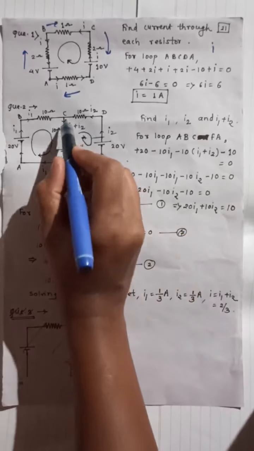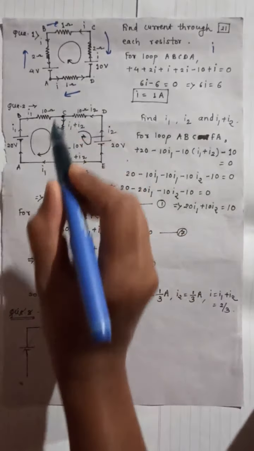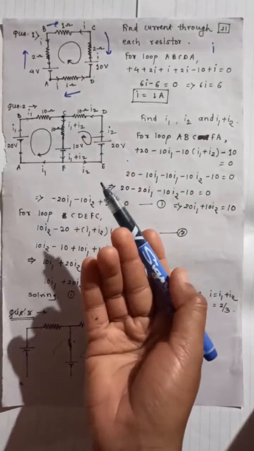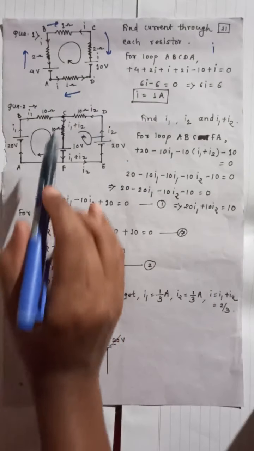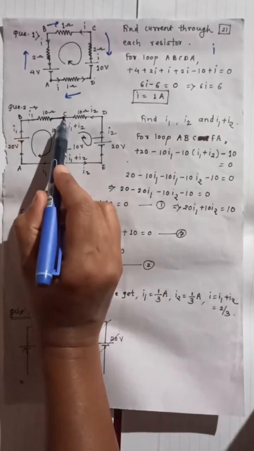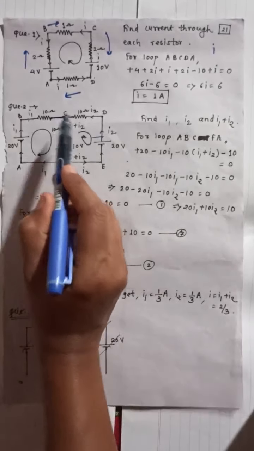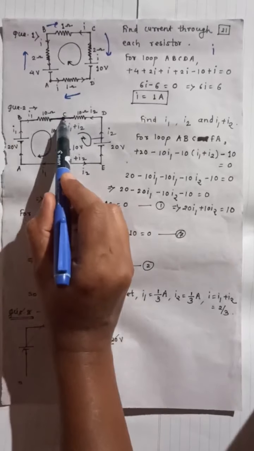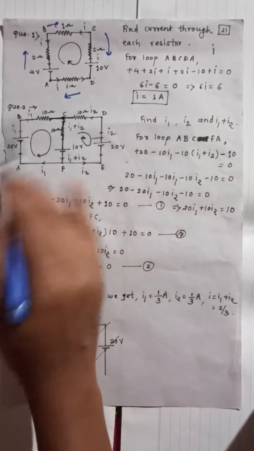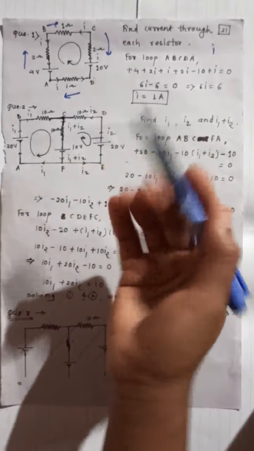Now this point C is called a junction in an electrical network because here the three conductors are meeting. This is the first conductor, second conductor and third conductor. So at this point the current splits or currents get added together.